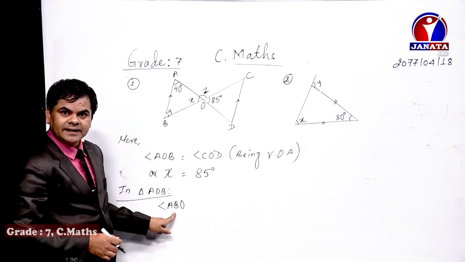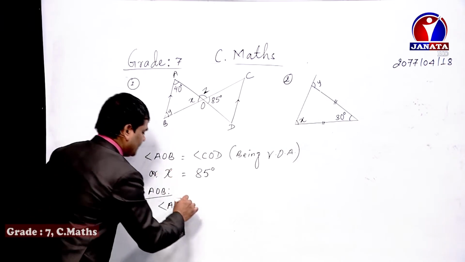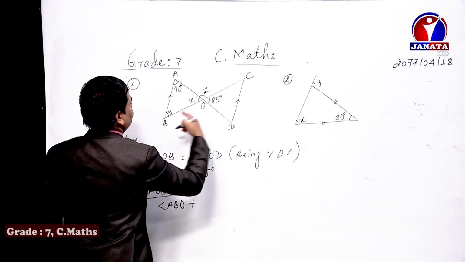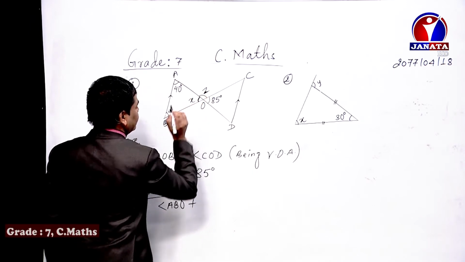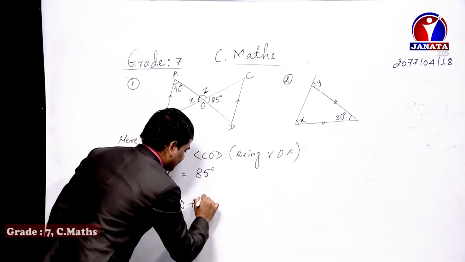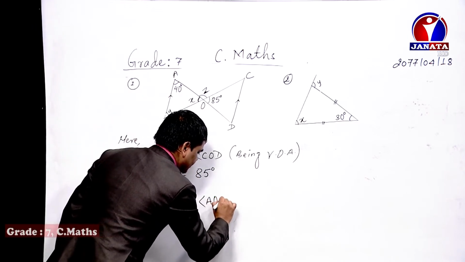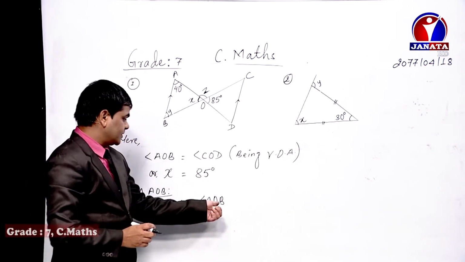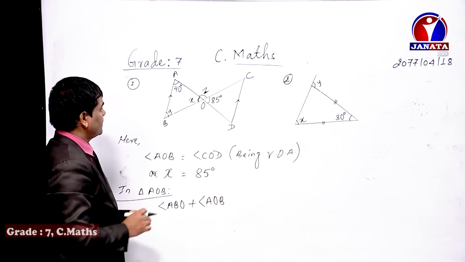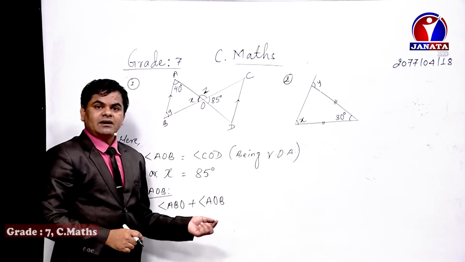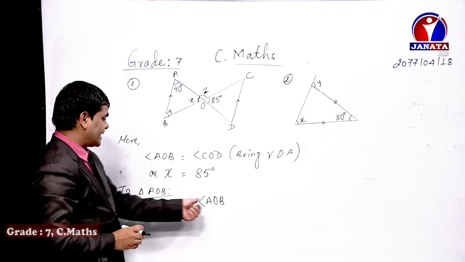Similarly, if you have to represent another angle, this one, AOB or BOA, you can write it as angle AOB or angle BOA. I'm going to write AOB because A comes first in comparison to B alphabetically. So to this X, if I am going to denote it, I can write angle AOB.